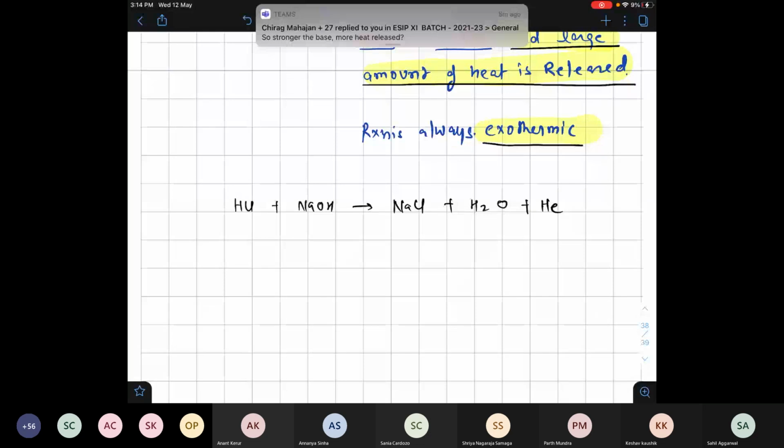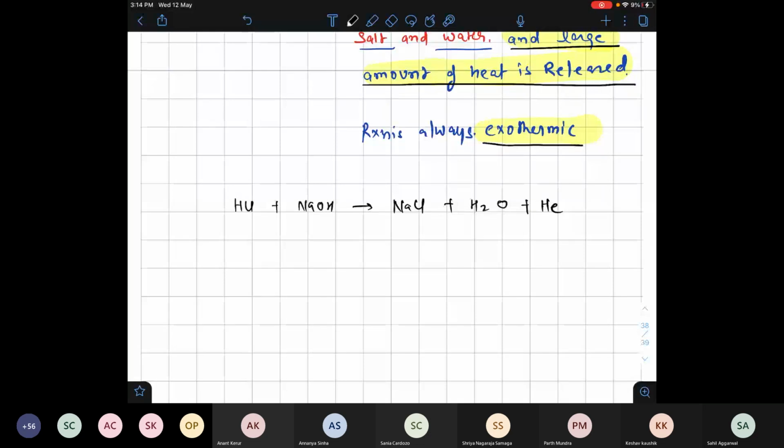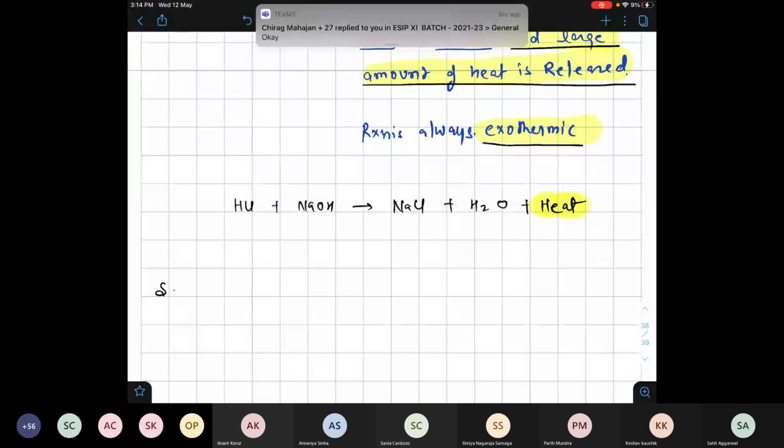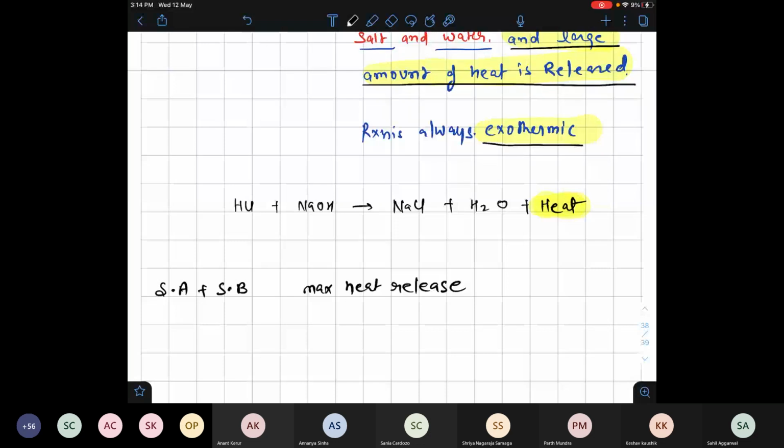Strong acid, strong base, more heat release. Strong acid, weak base, less heat released. Weak acid, strong base, less heat released. Weak acid, weak base, minimum heat release. I'm not going into the topic because this will come in the sixth chapter. There I'll tell you in detail.